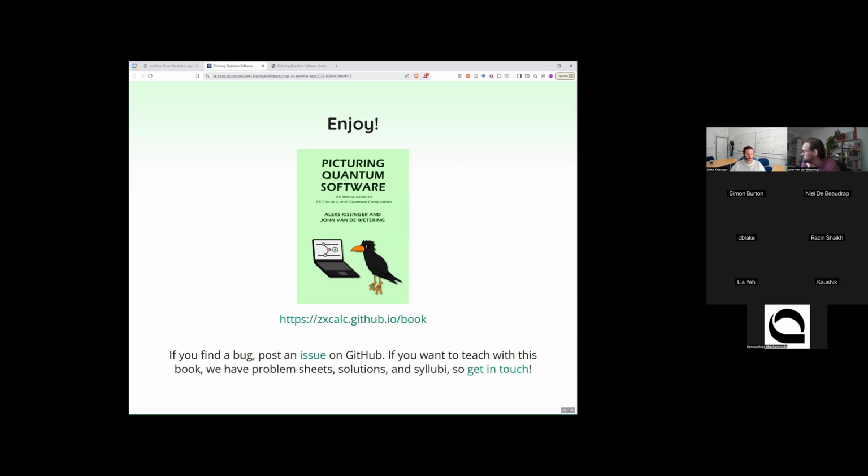These both have some pros and cons. The thing that you lose is a direct connection with the stabilizer tableau. Unless you put your stabilizers into a particular form, you can't just read them straight off the diagram anymore. But that may not be such a big concern.